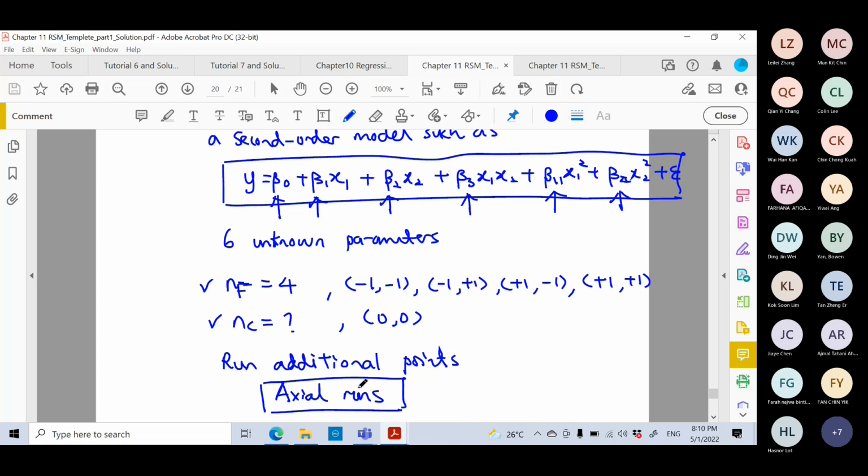Therefore, we need to run additional points, which are the auxiliary runs. Here I will show you what the auxiliary runs are.